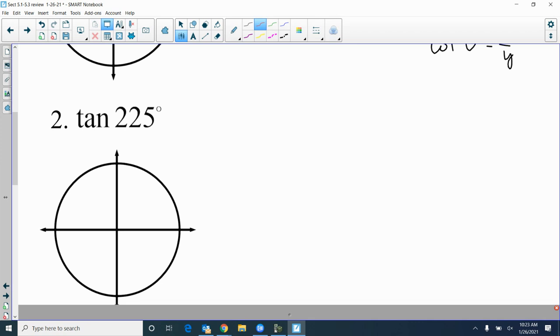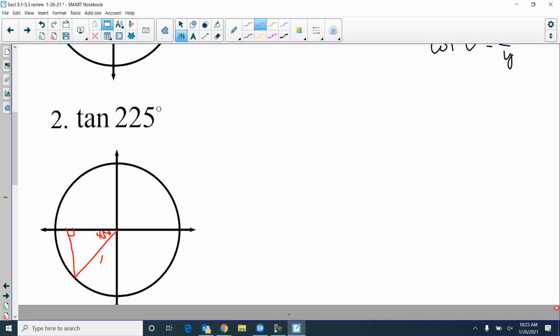Make sure I get the right figure. Start with a unit circle, radius of 1, 225. Well, we're only going to deal with multiples of 30 or 45. It's got to be a multiple of 45. So remember, it goes 45, 135, 225. You're allowed to have your calculator and use it. So you can take 225 minus 180 to get the reference angle, which would be 45 degrees.